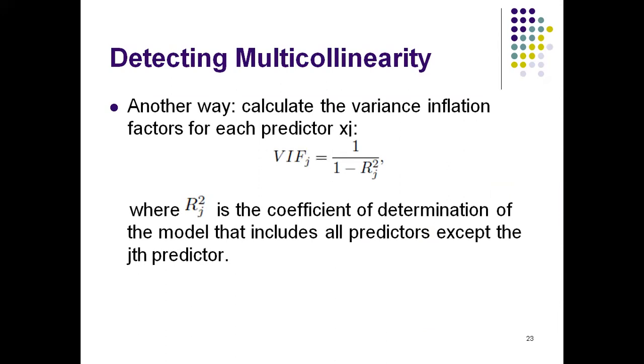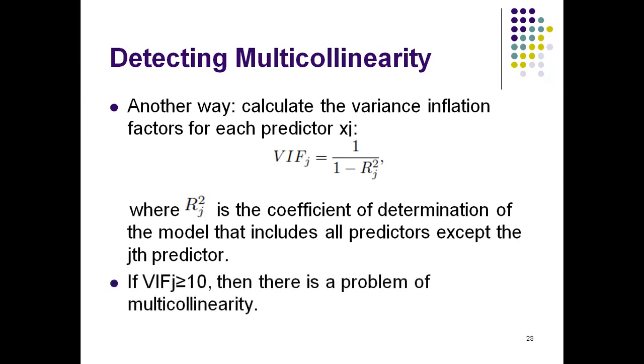This is the coefficient of determination of the model that includes all the predictors except the j-th predictor. Now, people say that if the VIF, the variance inflation factor, is greater than or equal to 5, multicollinearity is predominating. If it is greater than or equal to 10, you can expect a very severe multicollinearity effect.